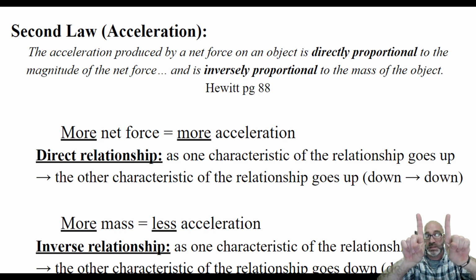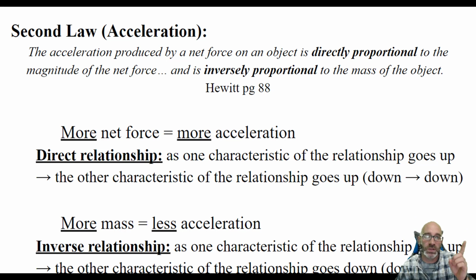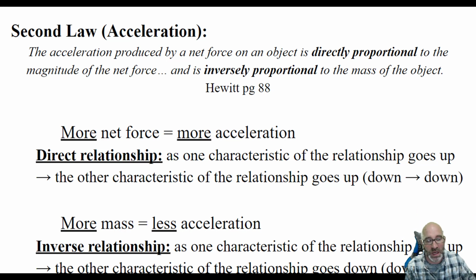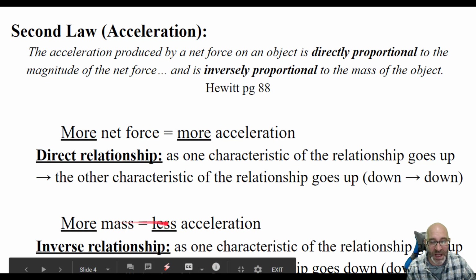And I like to think of these as field goals. So force has a direct relationship to acceleration. The flip side of that coin is, if I increase the mass, the acceleration has to decrease. And so if I have more mass, I have less acceleration.